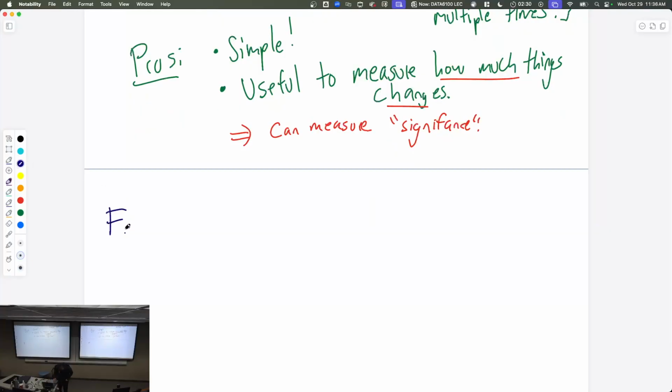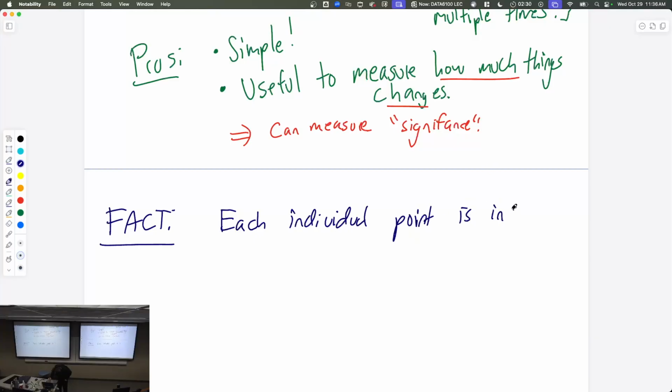This fact is that each individual point is included in the bootstrap sample with probability. This is what we did right at the end. And what was the probability? Okay, let's say there were n points.